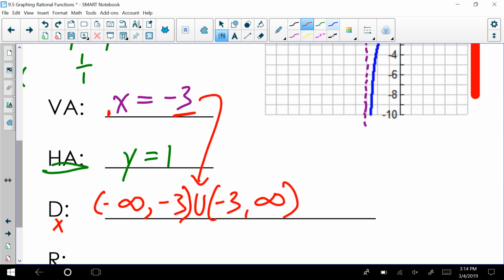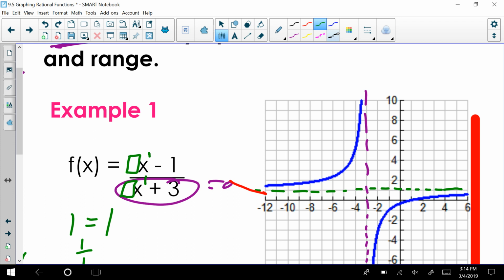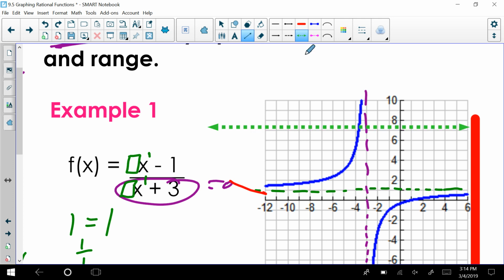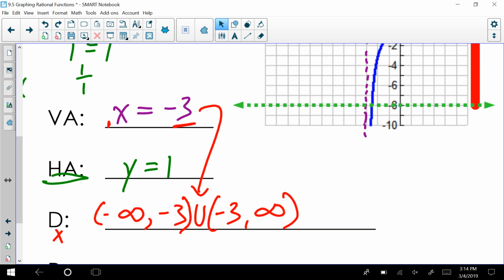When we look at the horizontal asymptote, okay, we're looking at the horizontal one now. Same type of thing here. If I start with this green one, I would be drawing it downward. How low is it going to go?